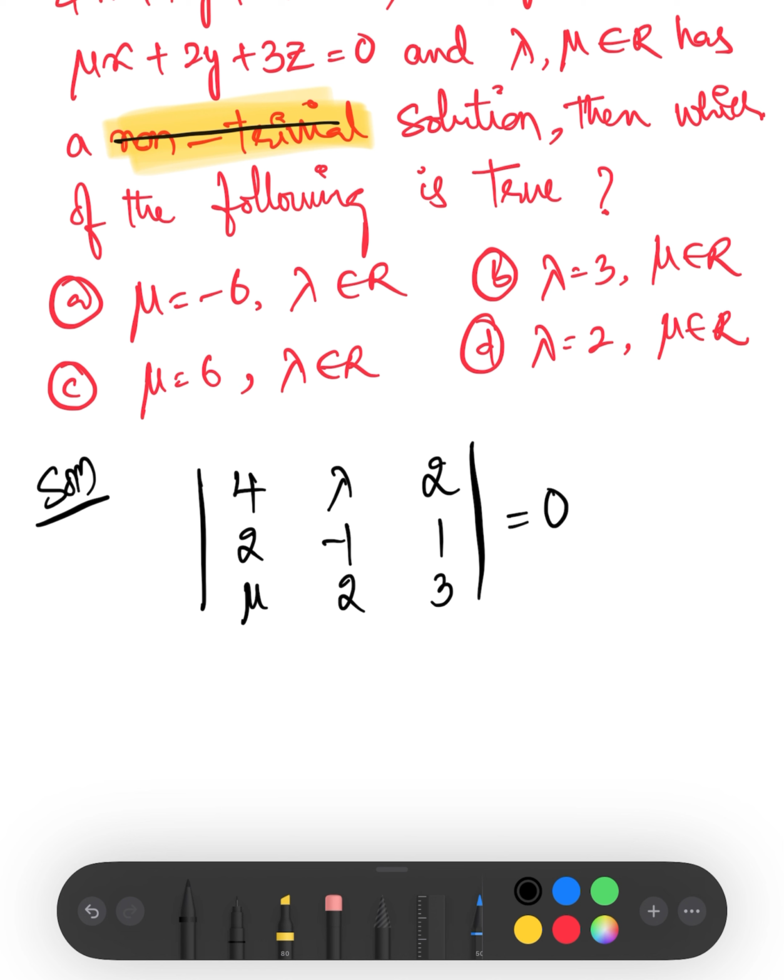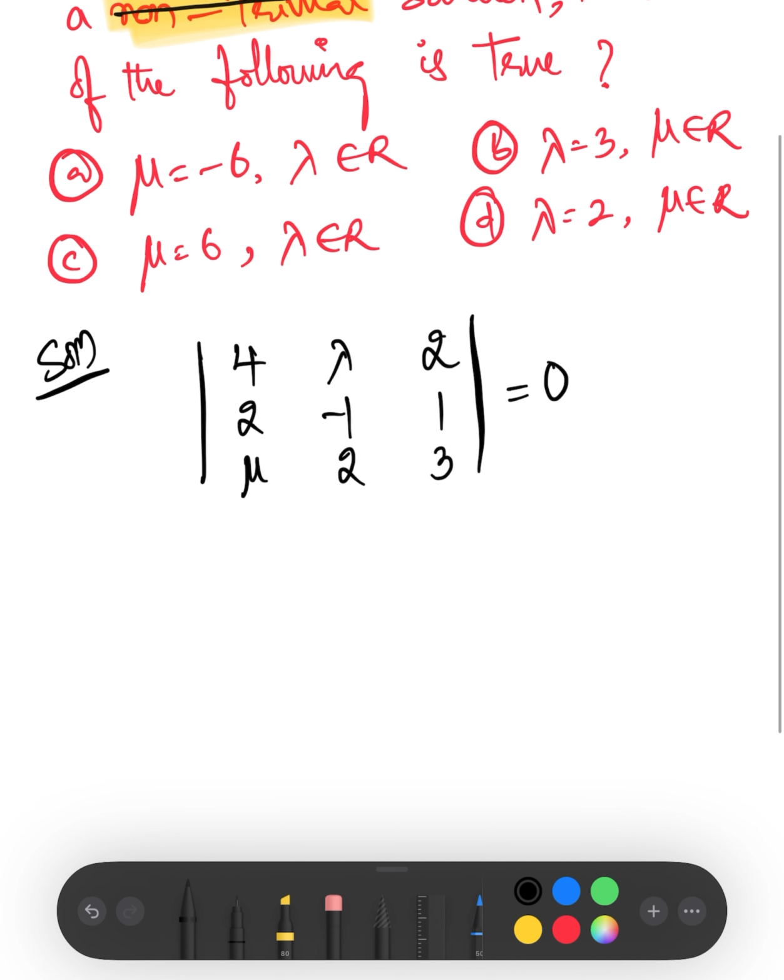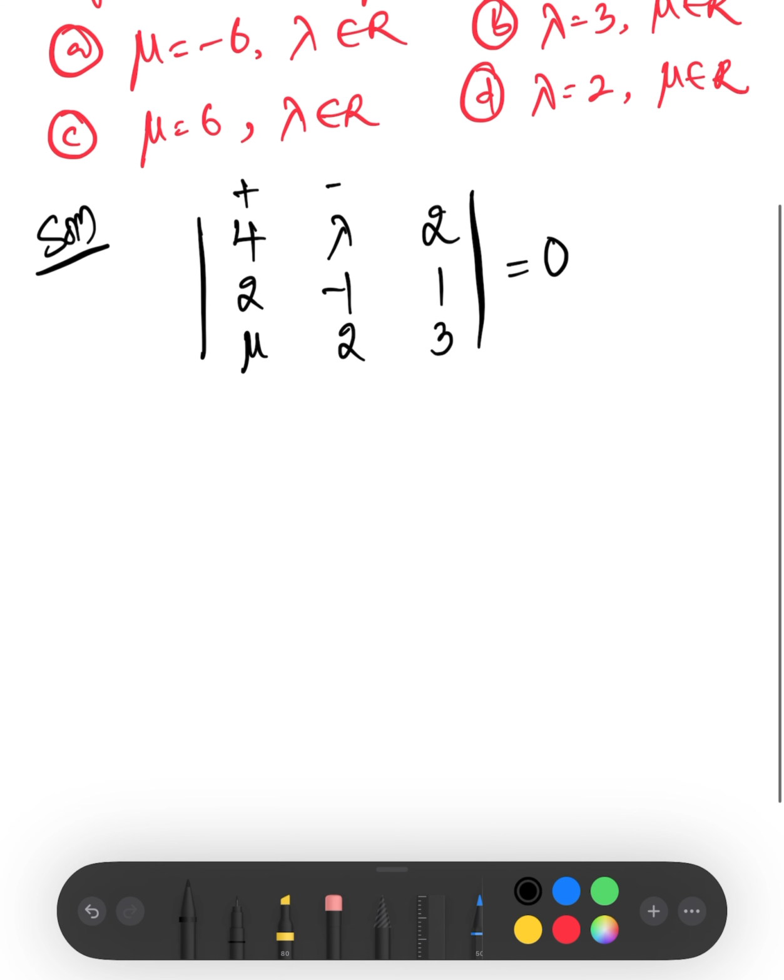Now if you observe that, apply the determinant for this. Now it is plus minus plus, so it is 4 times of minus 3 minus 2, which is minus 5.